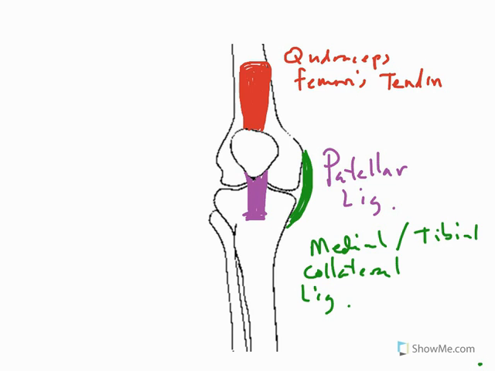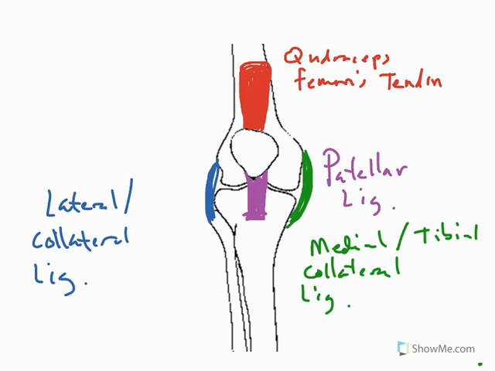Now I'm going to use blue and come off to the other one, and if we're going to come off on the side of the femur and go down to the head of the fibula, we are lateral, so this would be the lateral collateral ligament, or just the fibular collateral ligament. And this gives us some of the major ligaments that we can see there.